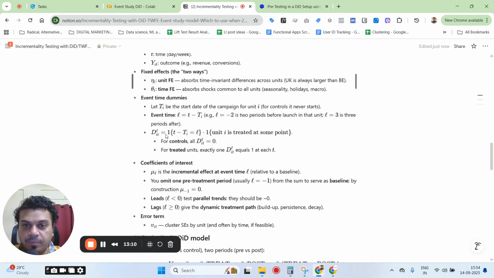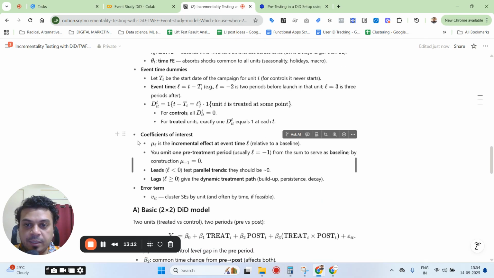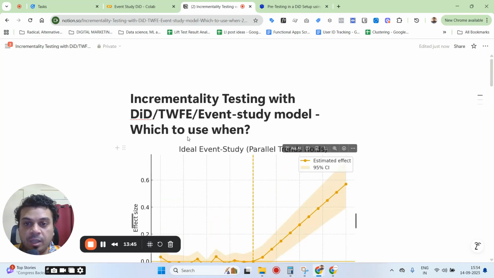And the mu L is the incremental effect at that time, at event time L. This depends on how much the effect really is in the model, and that's what it's going to try to understand and isolate after the analysis: the effect at that particular time on that particular unit. That's why it's called a two-way fixed effect, or TWFE model, because you're taking the impact of both time variation as well as unit level variation.